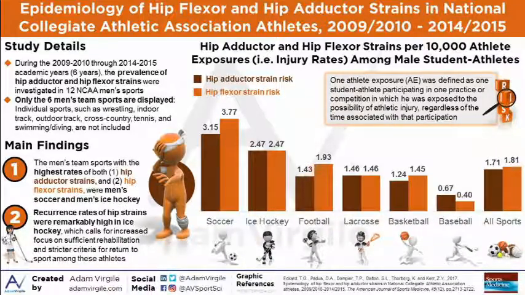The second one, recurrence rates of hip strains were remarkably high in ice hockey, which calls for increased focus on sufficient rehabilitation and stricter criteria for return to sport among the athletes.